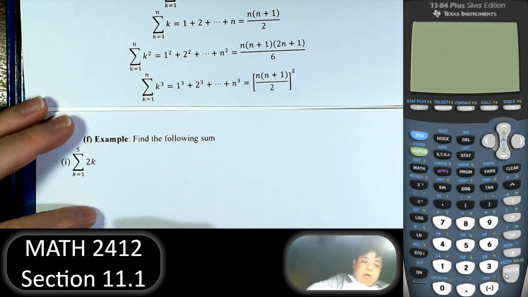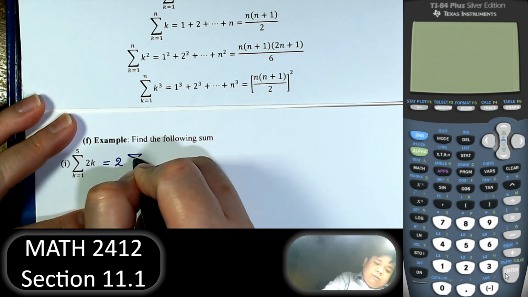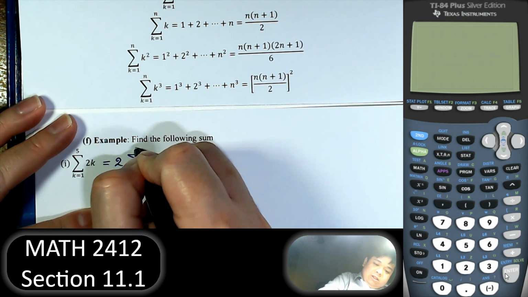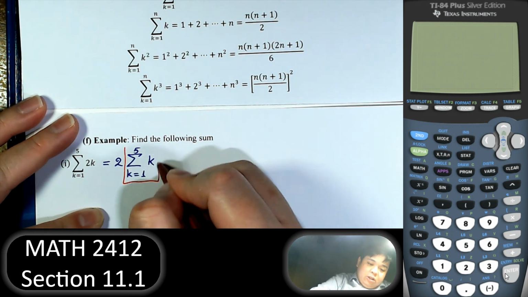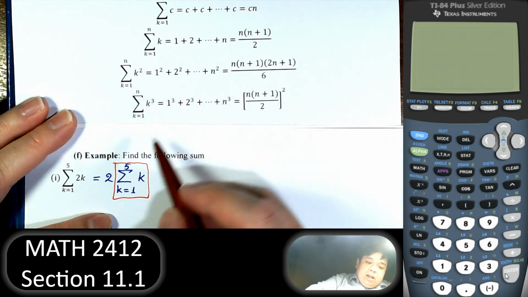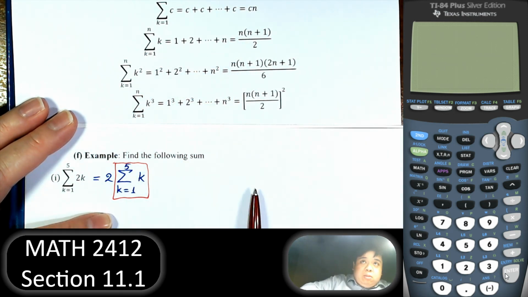Right, so simple enough. First thing we can do is we take out the 2, because the constant we can take it outside. And then next we use this formula, the sum of everything to the first power. It's going to be the upper limit, n times n plus 1 divided by 2.